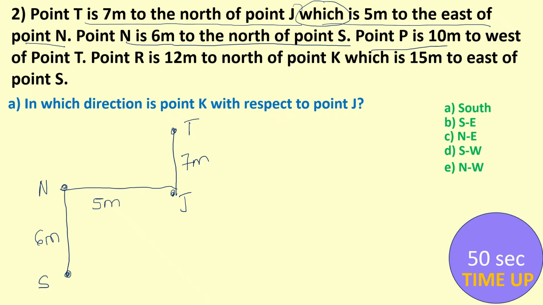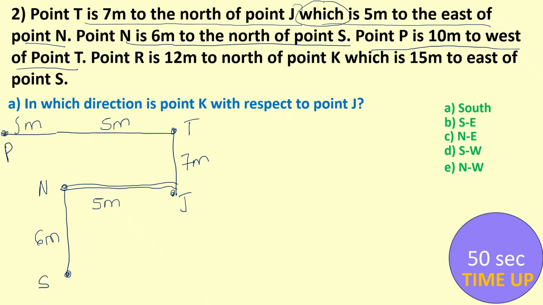Next, point P is 10 meter to the west of point T. If this is 5 meter, then 5 more meter, and this is point P. So total will be 10 meter.